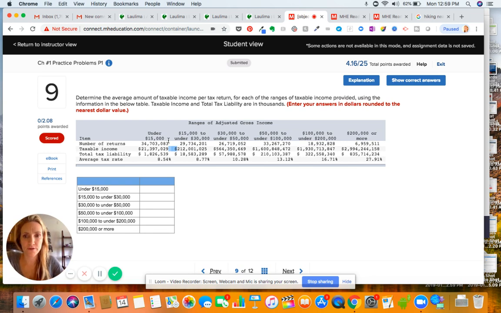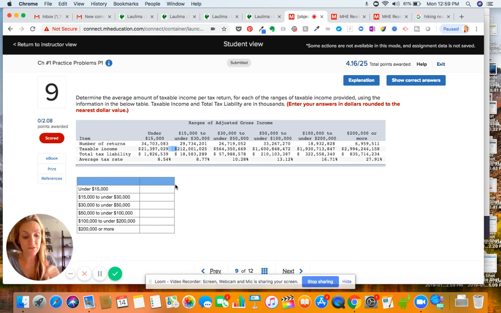Those are some big numbers, huh? So let's do income first: 21,397,029, and then we'll add 0, 0, 0, divided by number of returns, 34,703,083, equals 616. Taxable income per return. So let's see if that works.